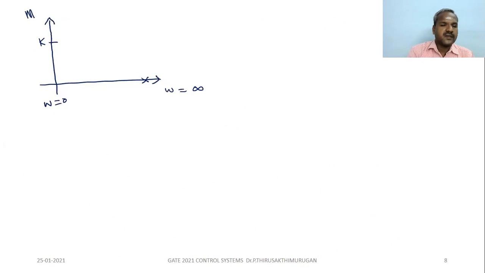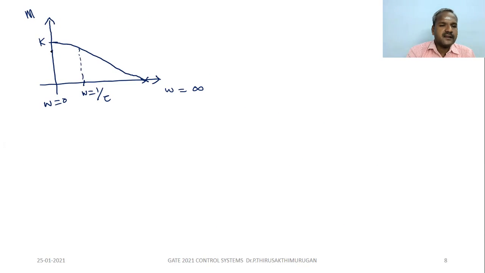Okay, good. So from K it falls down to 0. When omega is 1 by tau, it will meet at a particular point on the curve.